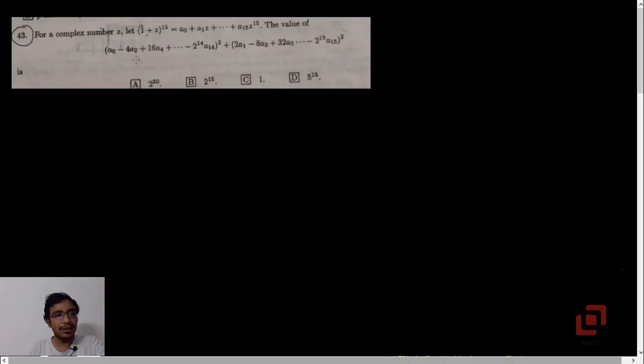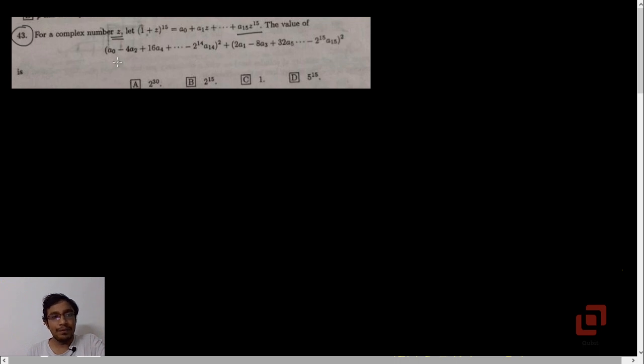Question number 43. For a complex number z, let (1 + z)^15 be equal to a0 + a1z + a2z² and so on till a15z^15.